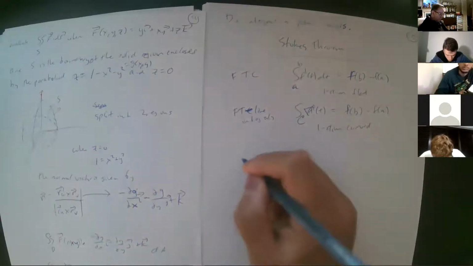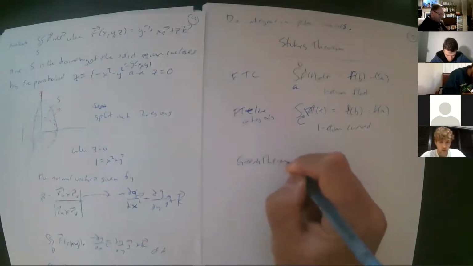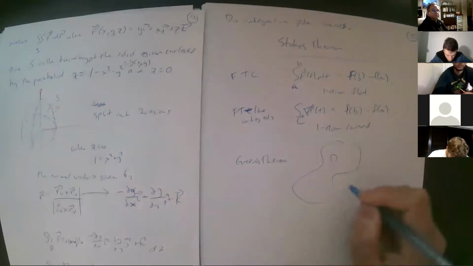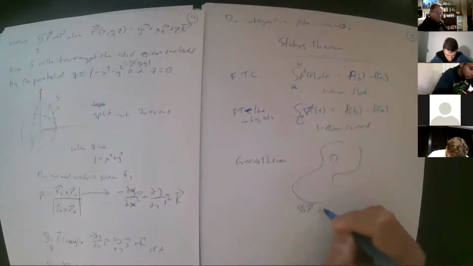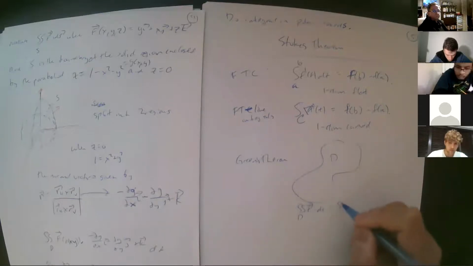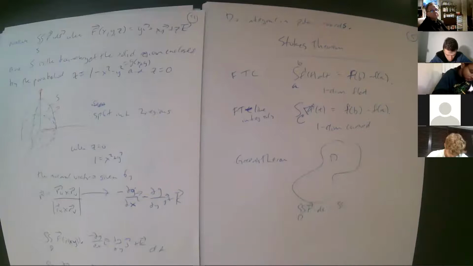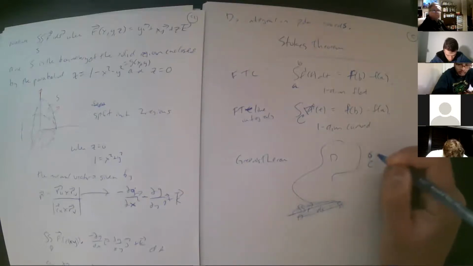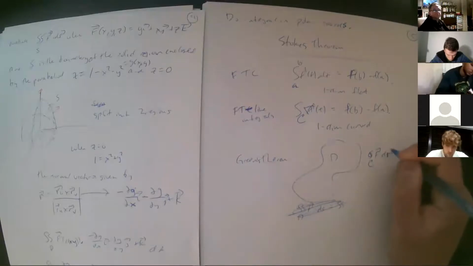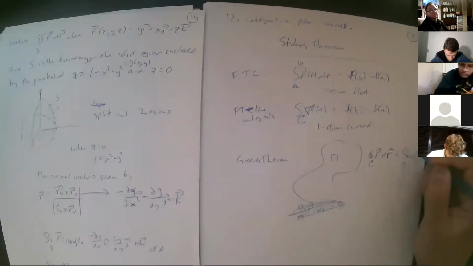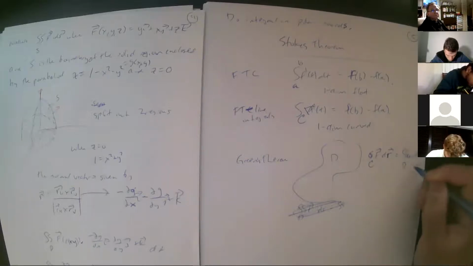Okay? So then we had Green's theorem. And it said, well, I've got a region of the plane, D, and the integral over the closed curve of F dot dr is equal to the integral over the region D of the curl of F dot k dA.